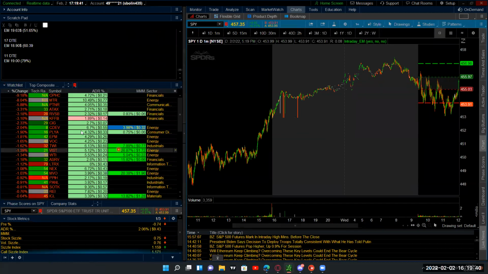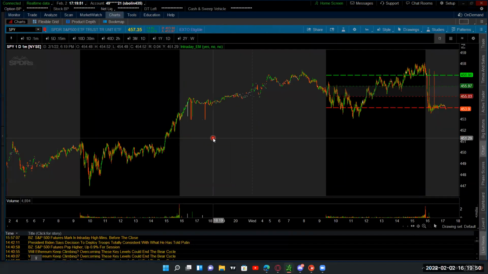A lot of companies have options that are below $10. Yeah, especially if you know you're not looking to get out anytime soon.